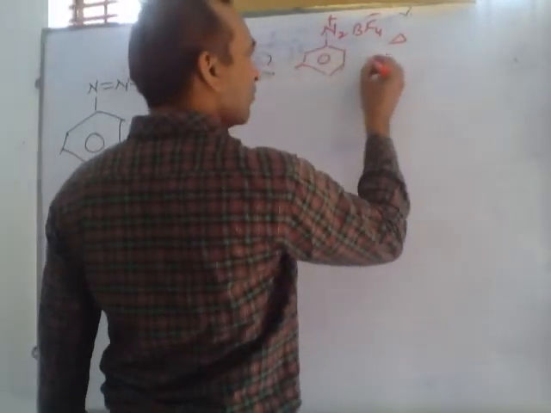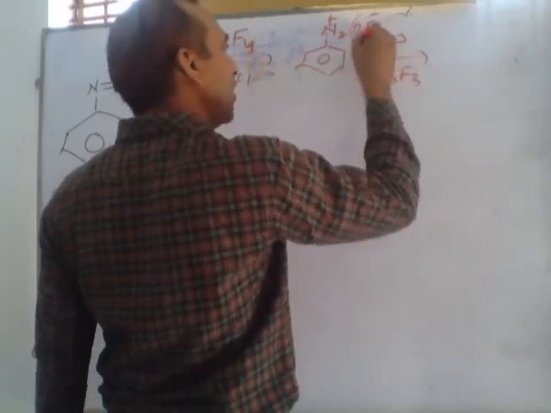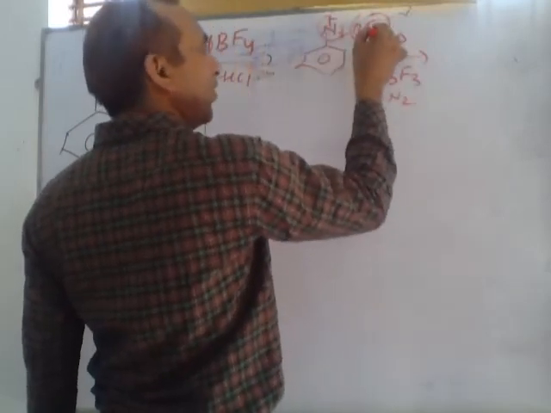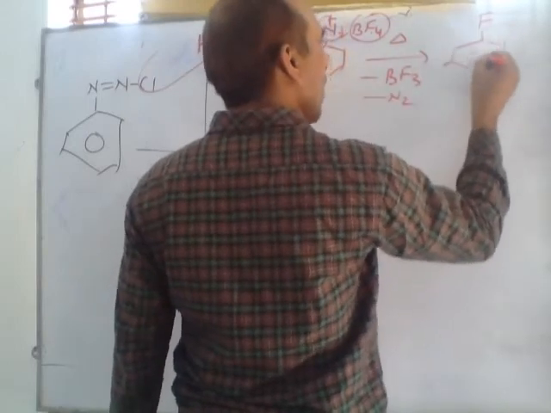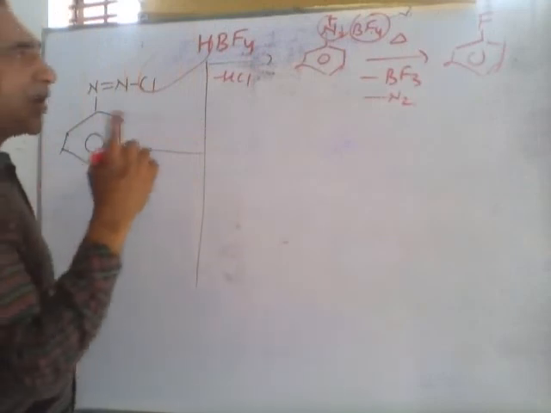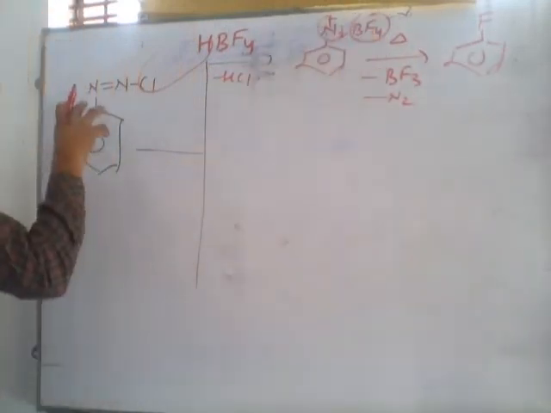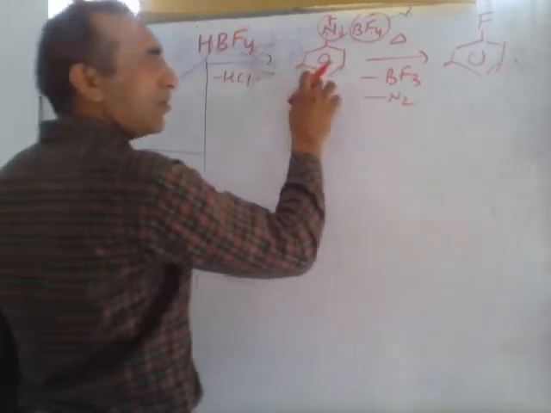On heating, BF3 from here and N2 from here are removed, one fluorine is left. This fluorine is directly connected with the ring and our fluorobenzene is formed. So in exams, if they ask how can you prepare fluorobenzene, two simple steps: BDC reacts with fluoroboric acid to form this compound.